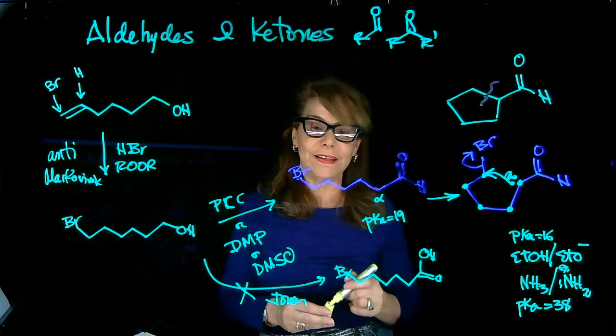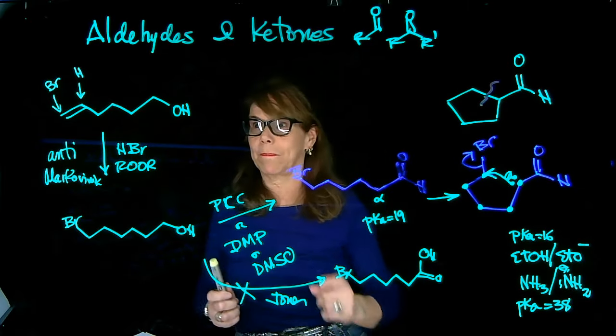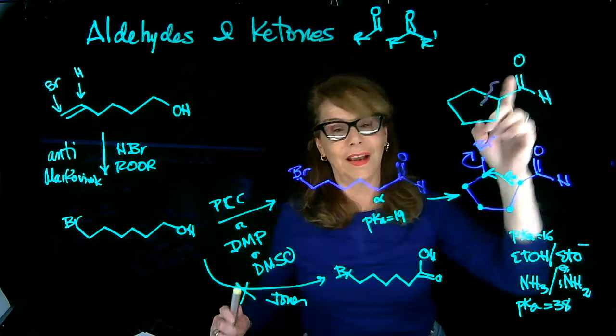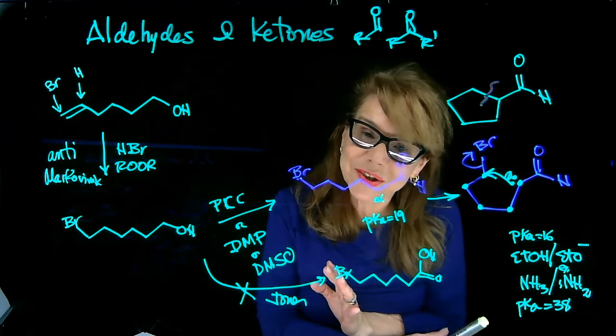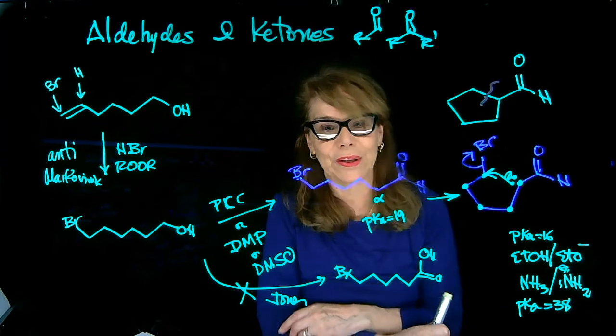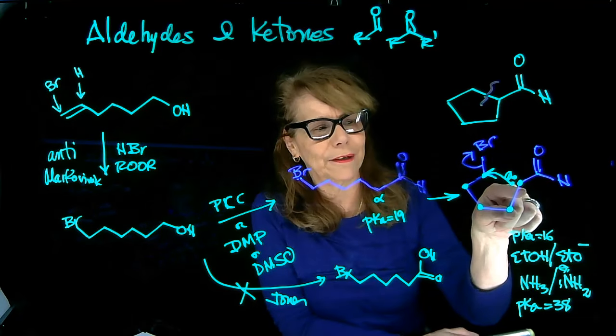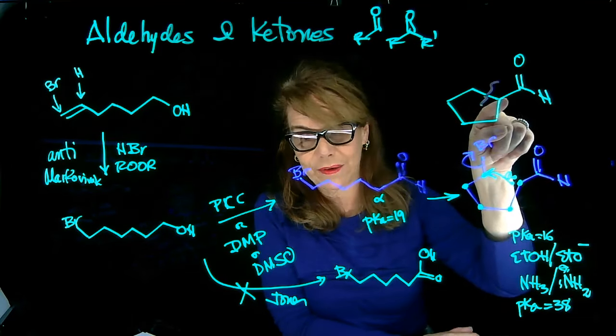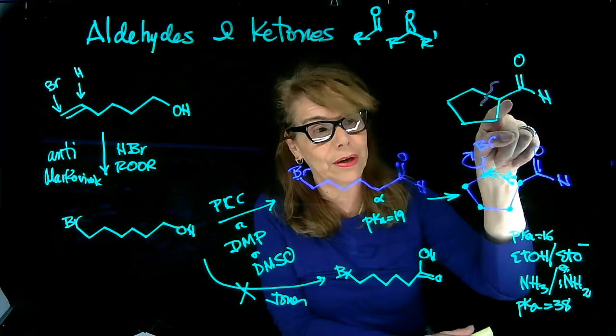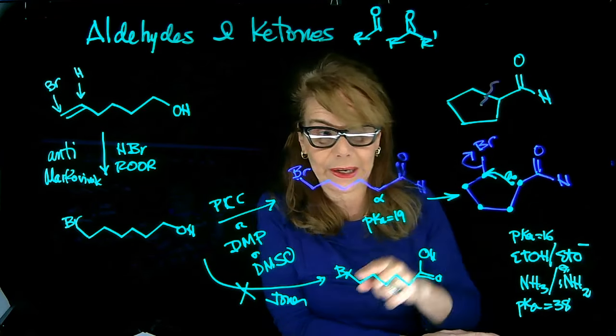So what I did in the analysis here was disconnecting that. We're going to call that the disconnection approach. These pieces are like synthons. We say that fragment needed to have a carbanion there and a good leaving group on the other end.